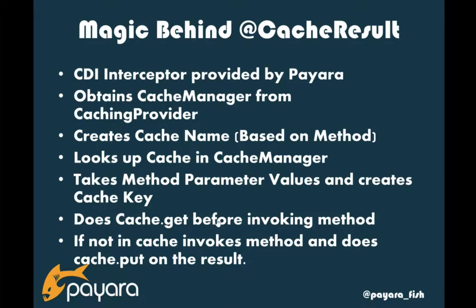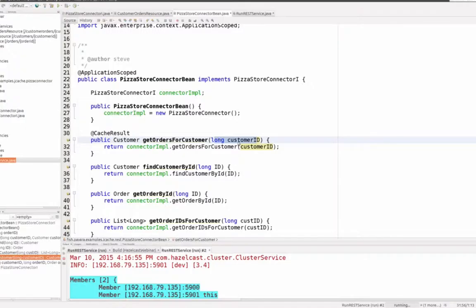It does a cache get before it invokes your method. If that cache get returns an object that has been previously stored at that key, it just returns that object and it doesn't invoke your method. And so in our case, if there's already an object with customer ID 1, then it doesn't invoke that piece of code, which essentially goes off to the backend store through the latent API. It is never invoked.